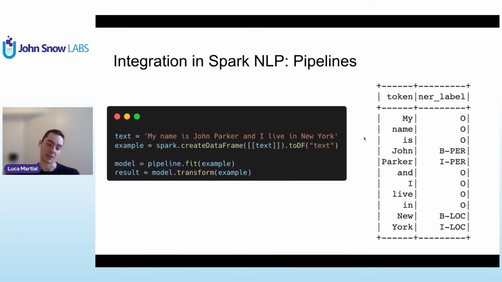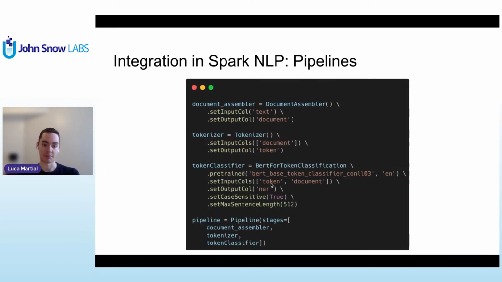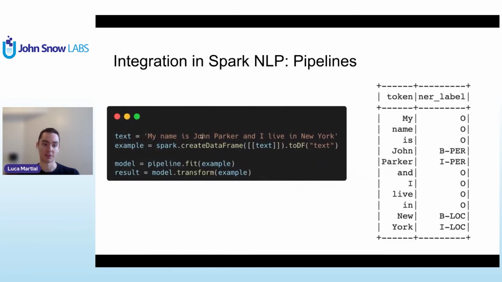So here you can see John Parker is recognized as a person, and New York is a location. And so it's very basic, as you can see. We had a 3-step pipeline. We assembled it and then fit it to a sample text and transformed to get these results. These results are after a tiny bit of manipulation, but yeah, very simple.